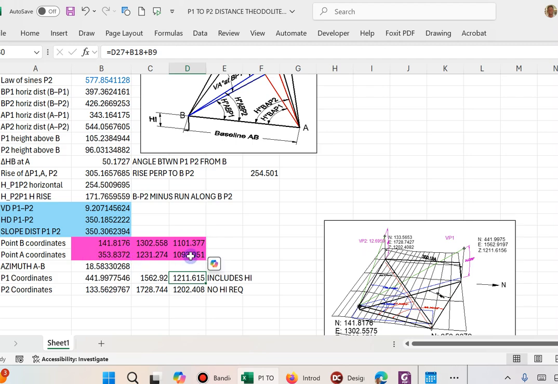And then coordinates of point B, and the same thing, just 2 base points. And then you're going to do the azimuth, so this just takes these two and gets the arctangent of y1 minus y2 divided by x1 minus x2, rise divided by run, gives you that angle, right?